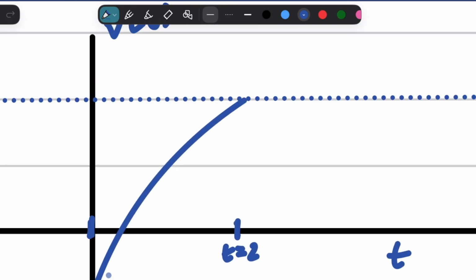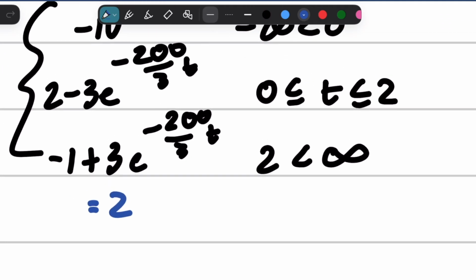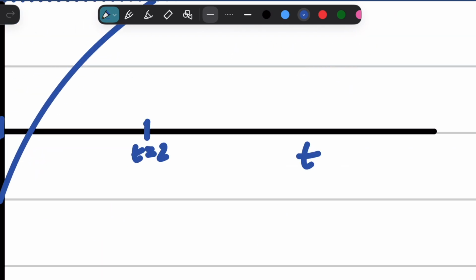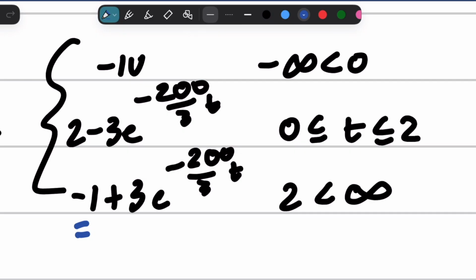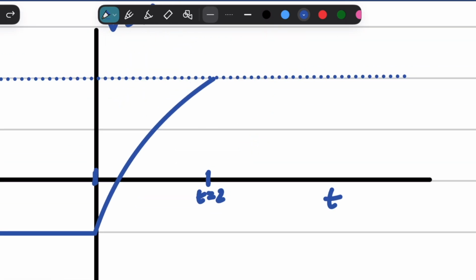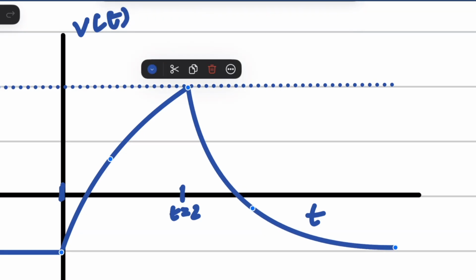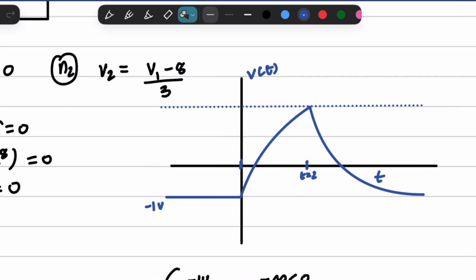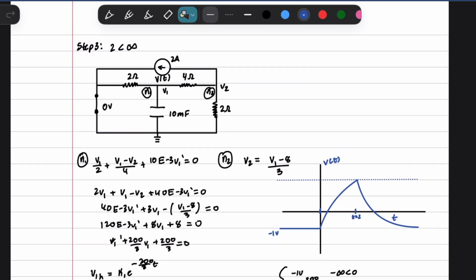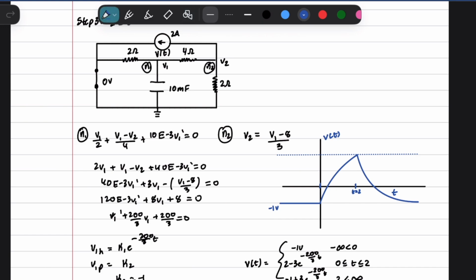And so we have this curve up to this asymptote, and then our equation shifts to this guy right here, and you can see that after a really long time, this whole term is going to go away, because that's going to be 0, and we are just going to be left with -1. So we are going to go back down to our base voltage, like so.